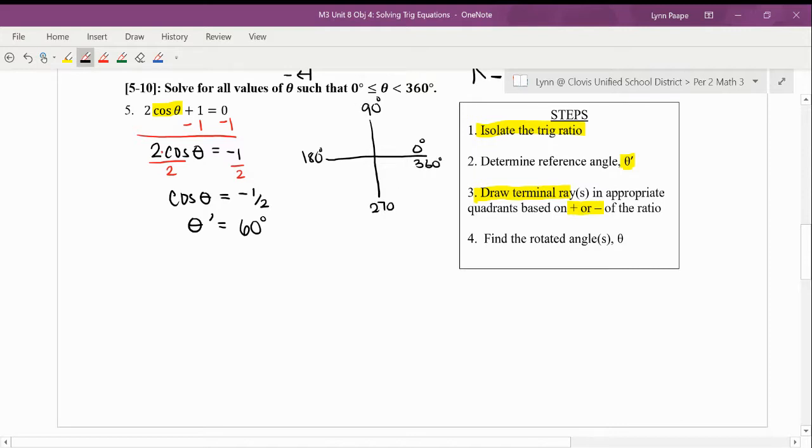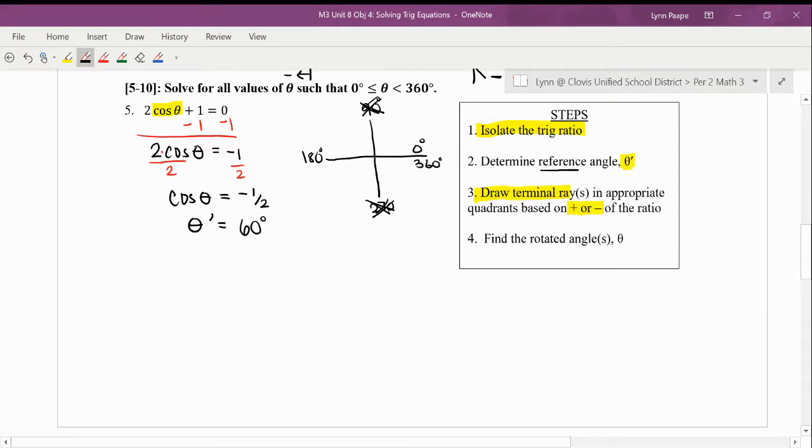I know I'm going to be using my reference angles, so that means I won't be using 90 or 270. From here on out, I'm only going to be using the 0, 180, and 360 because we're going to be working with a reference angle, which is the distance from the x-axis. So I'm not going to ever label the 90 and 270 again.